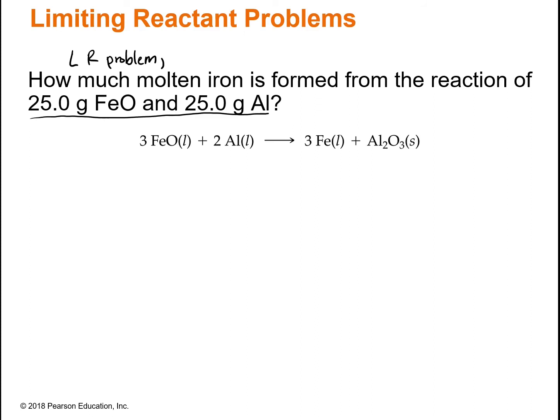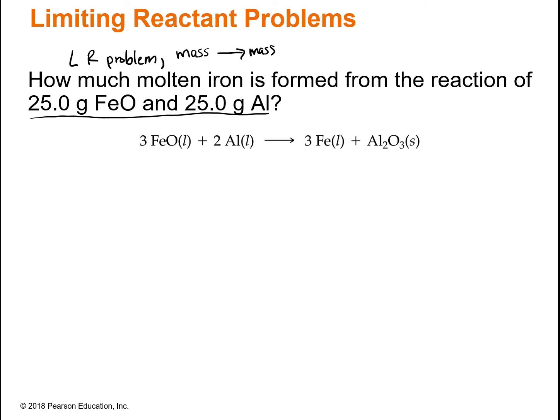We're given masses and asked how much molten iron is formed. That suggests that we need to figure out another mass. So this is a mass-to-mass problem. What this means for solving the problem is we need to do 2 individual mass-to-mass problems.